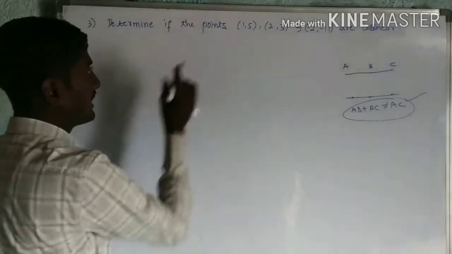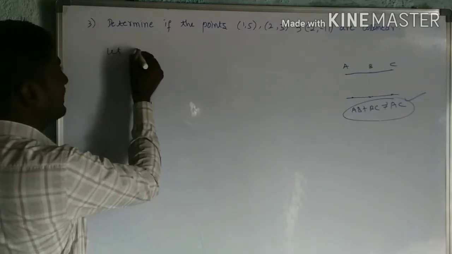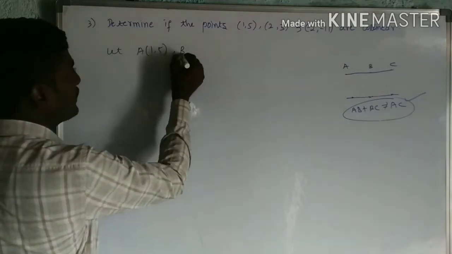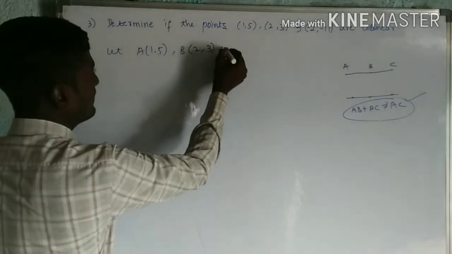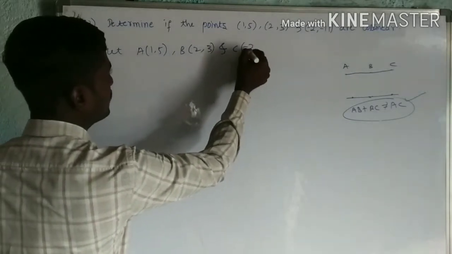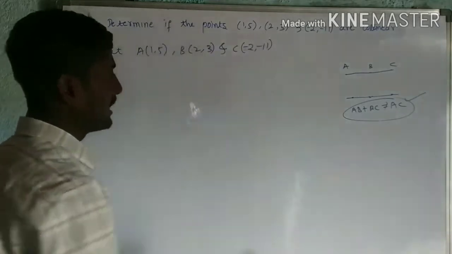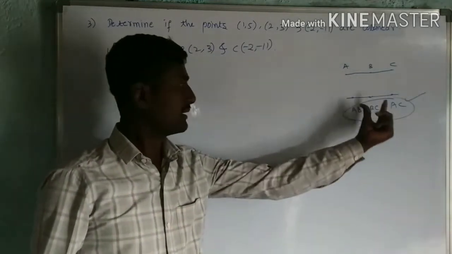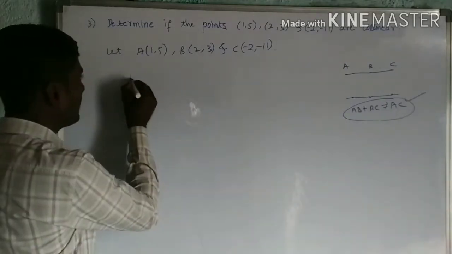Now let us take the first point as A (1, 5), B (2, 3) and C (-2, -11). First I have to find AB.